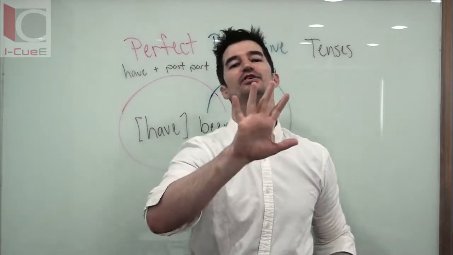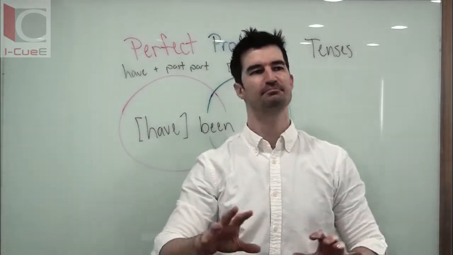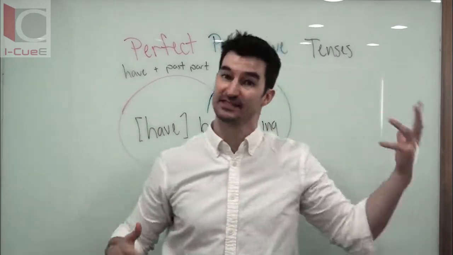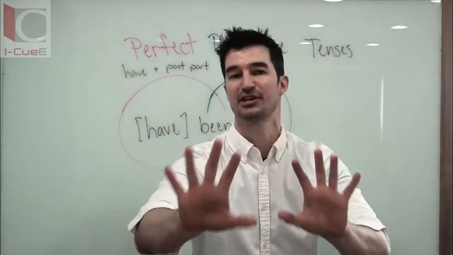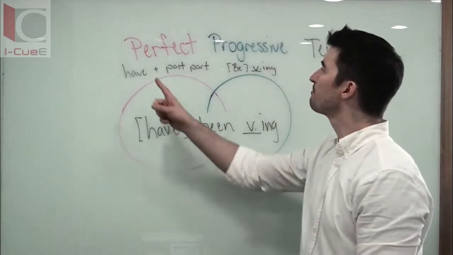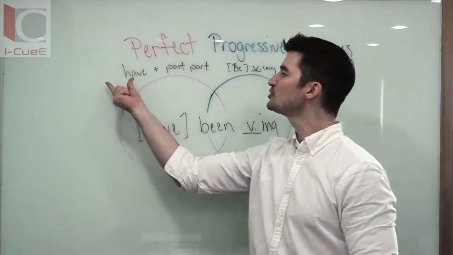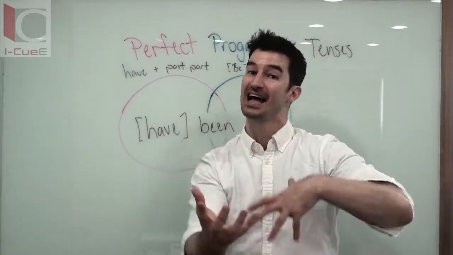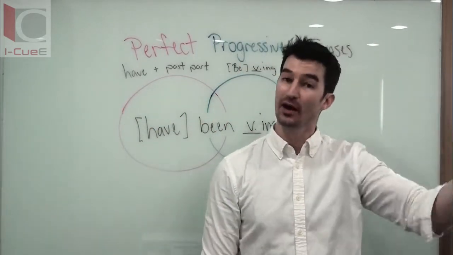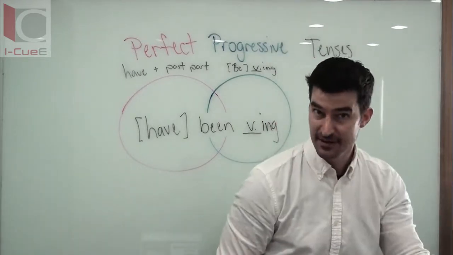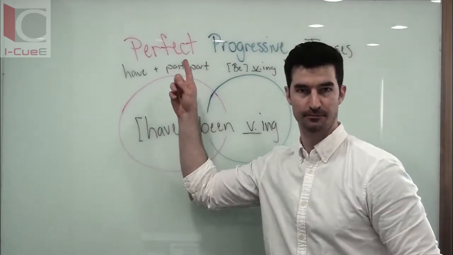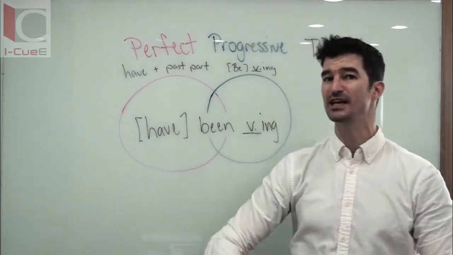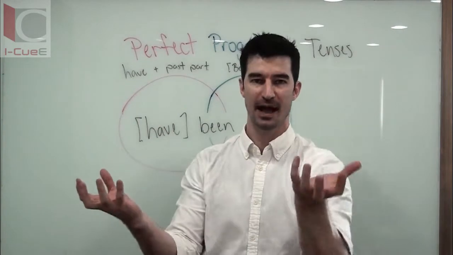Look, there's one last little illustration that maybe would make this whole idea of the perfect progressive tenses a little easier. Just a picture. So remember that the perfect tenses all use the verb have, whether in past, had, present, has, have, or future, will have, be going to have, plus a past participle. And all progressive or continuous tenses always use the be verb plus verb ing.